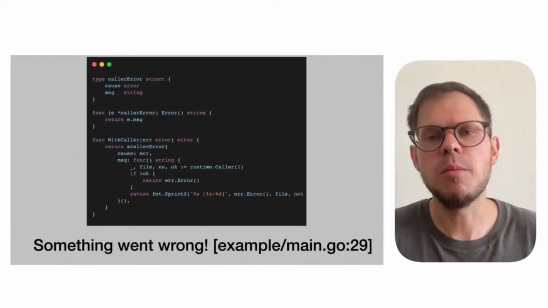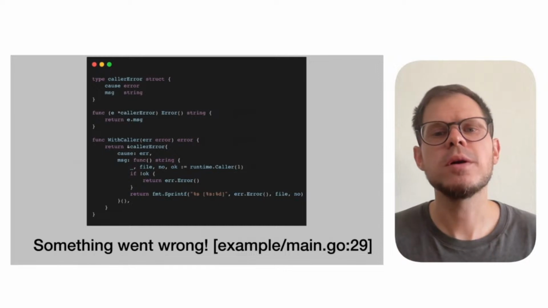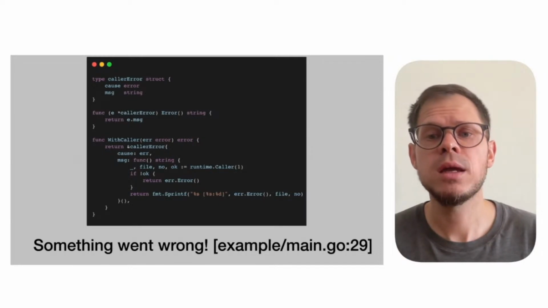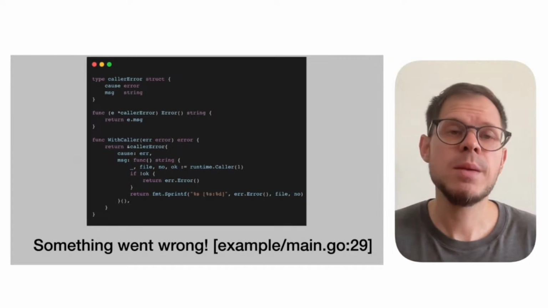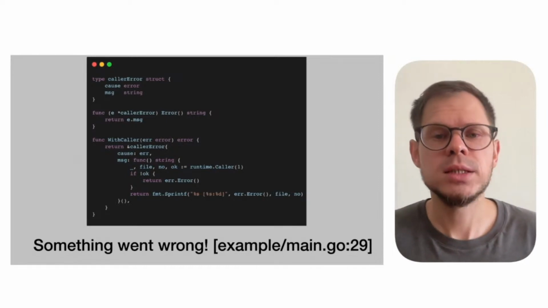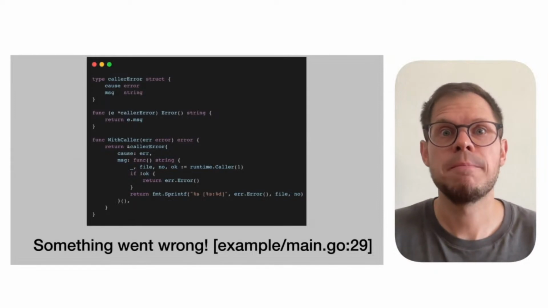But how can we add more information to an error? For example, in the payment processing domain, we want to see the user ID, country ID, payment ID, the provider name that processes the payment, and perhaps something more.